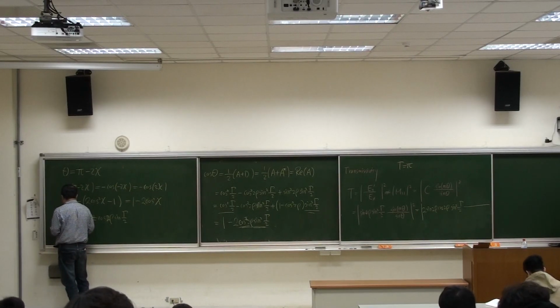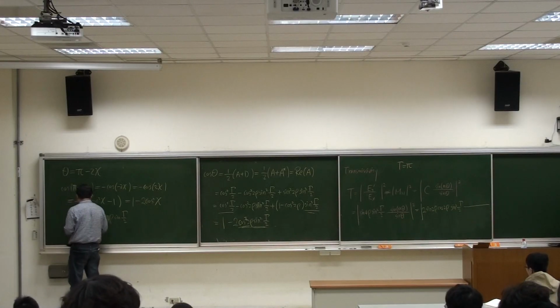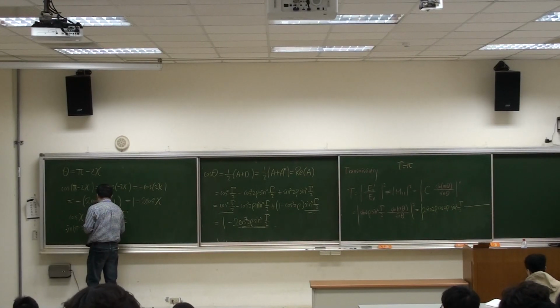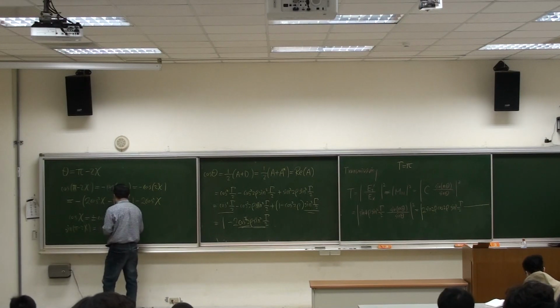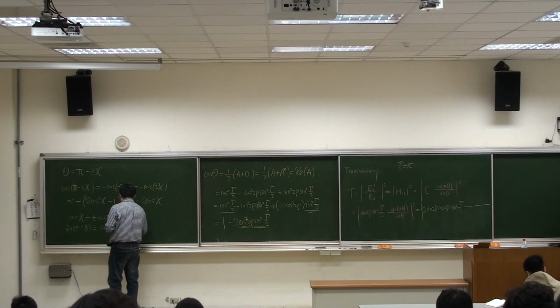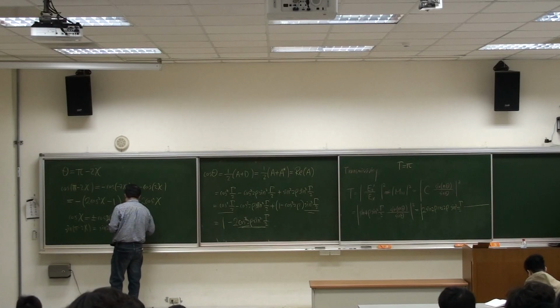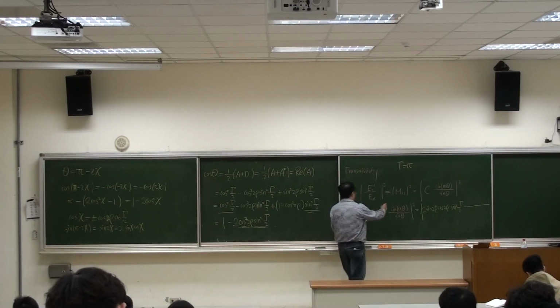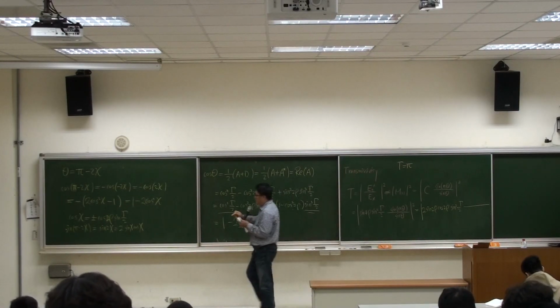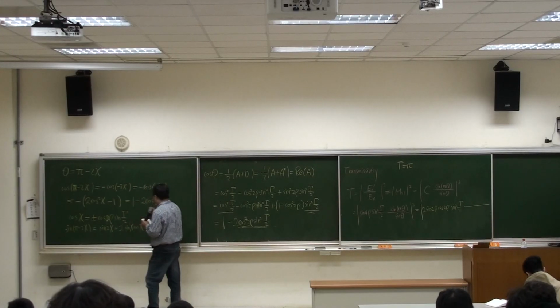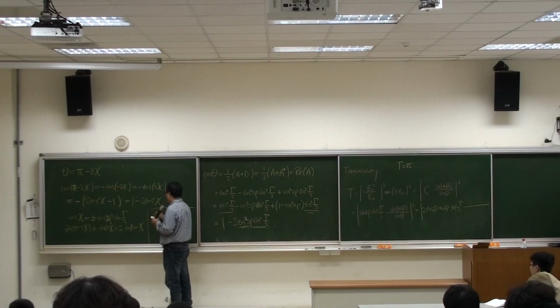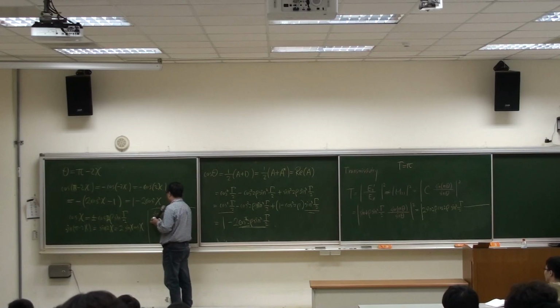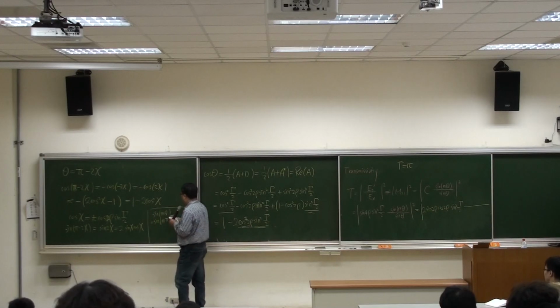Sine theta is sine of pi minus 2 chi, which is sine 2 chi and is equal to 2 sine chi cosine chi. Okay. And what is sine m theta? Sine m theta is sine of m pi minus 2m chi.